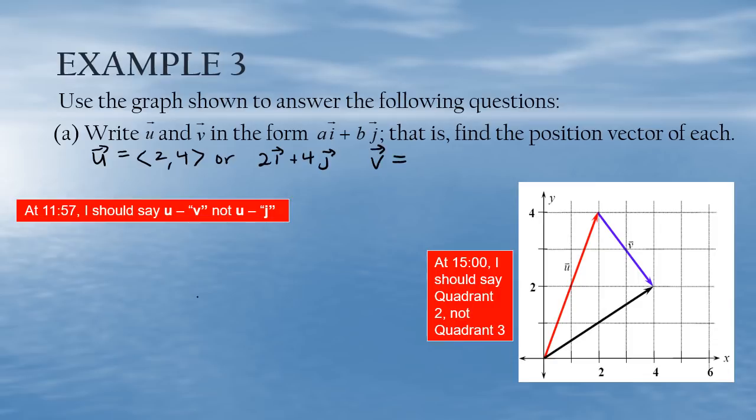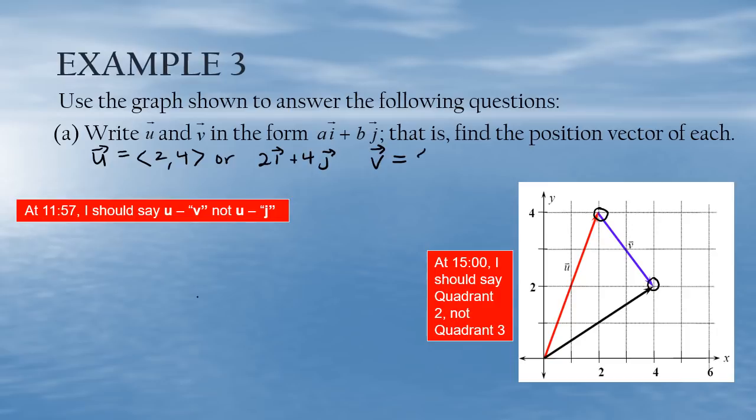And vector v, now this is not a position vector, so we have to take a look at where is the initial point and where is the terminal point. And in this case, it's pretty easy to count. If we couldn't count, then we would have to identify those points and then subtract. But it looks to me like I'm moving 2 to the right and 2 down.